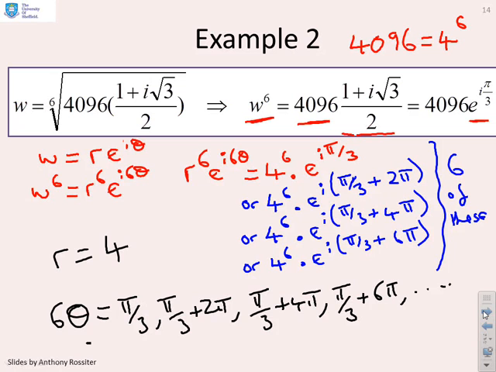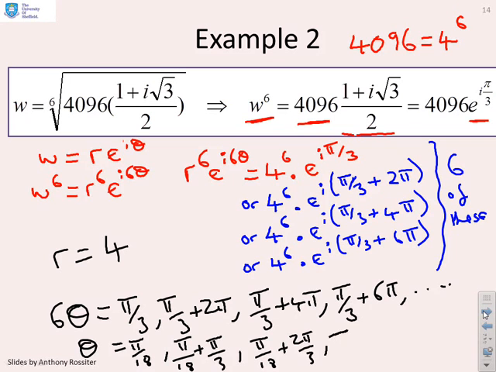And therefore, if I solve for theta, you've got pi by 18, or pi by 18 plus pi by 3, or pi by 18 plus 2 pi by 3, or pi by 18 plus pi, and so on.